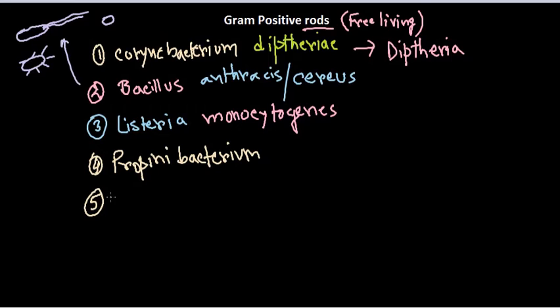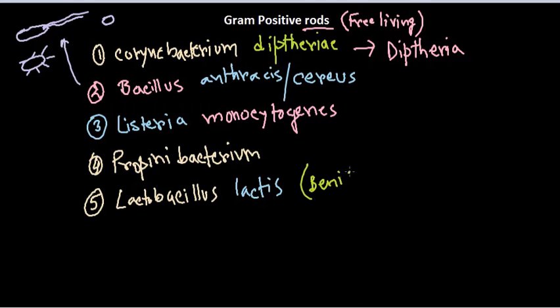Why are we not talking about Lactobacillus? Because most strains of Lactobacillus are beneficial for us. An example of the strain will be Lactobacillus lactis, for example. So these Lactobacillus are usually beneficial strains.